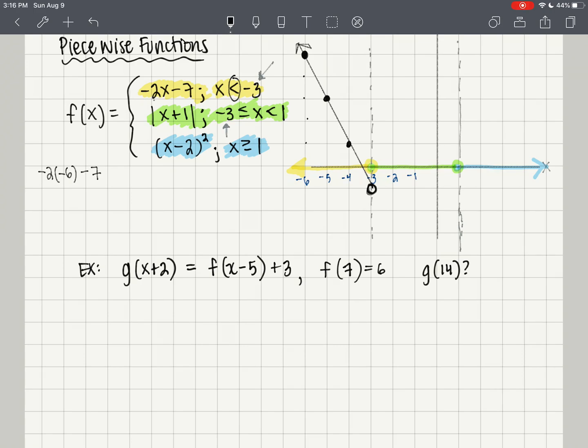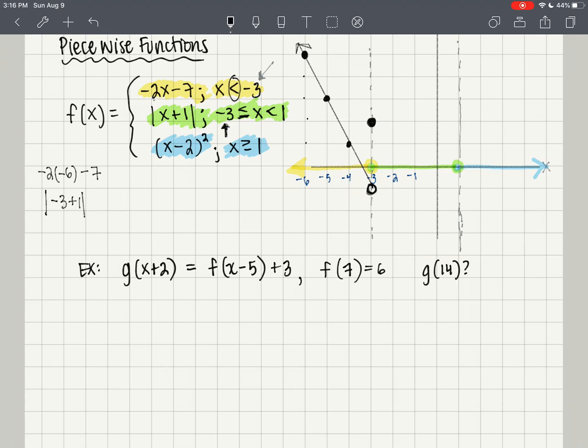Now we're going to move on to the next section. I'm going to put a negative 3 in again. This time, negative 3 is included in this green function because of that equal sign. So when I put negative 3 in, the absolute value of negative 3 plus 1 is going to be 2. So you put a negative 3 in, and you get a 2 out. And this time, it is a closed circle.